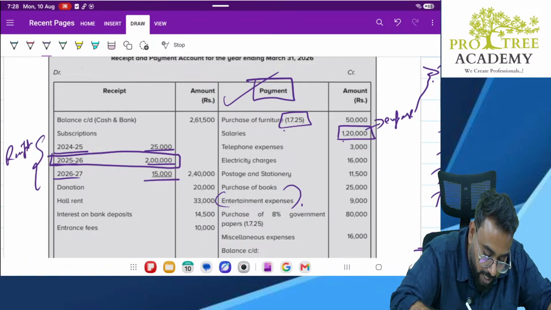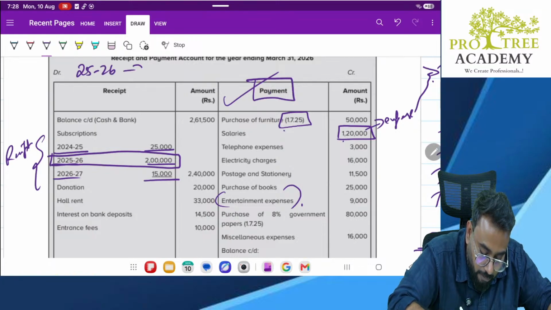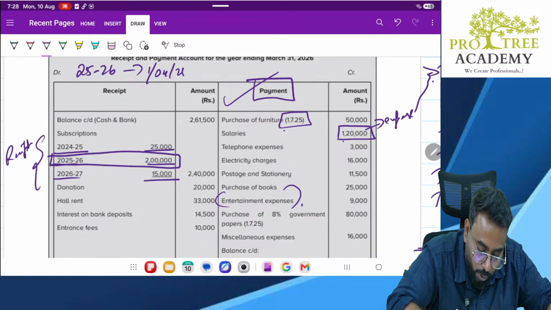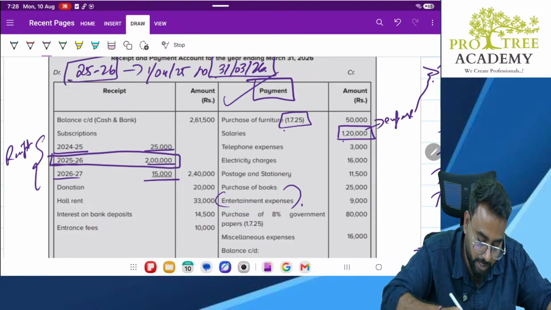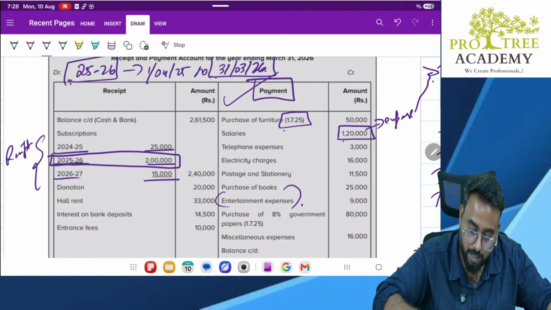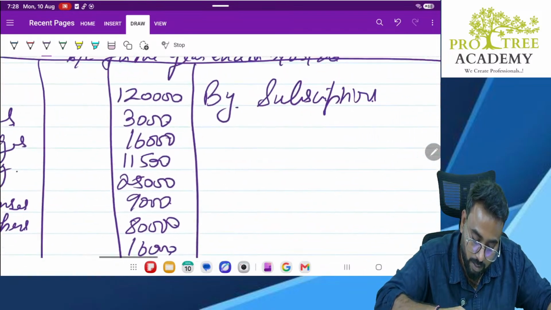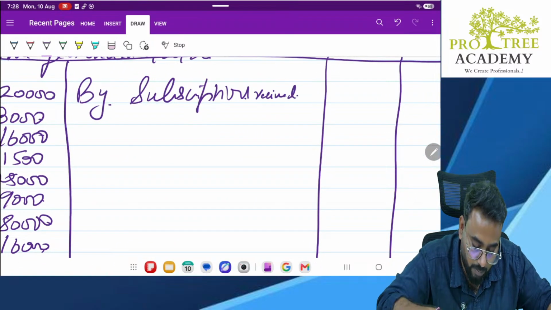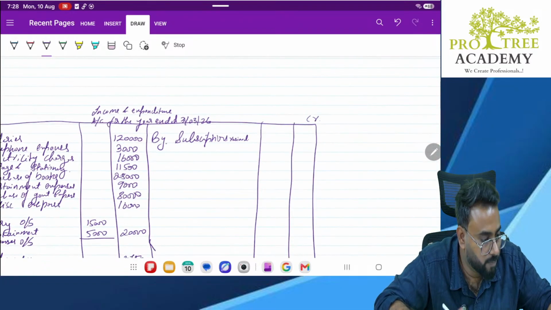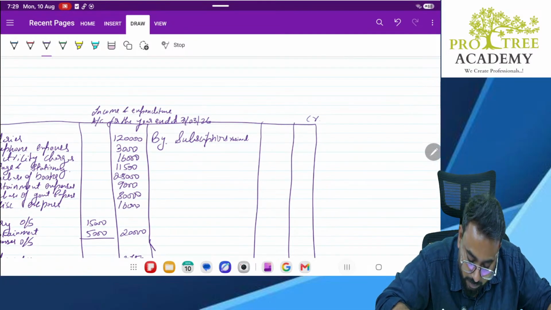Financial year 25-26 means 1st April 25 to 31st March 26. So whatever subscription is for this year is our income. By subscription, how much? 2 lakhs. Yes, sir, 2 lakhs.